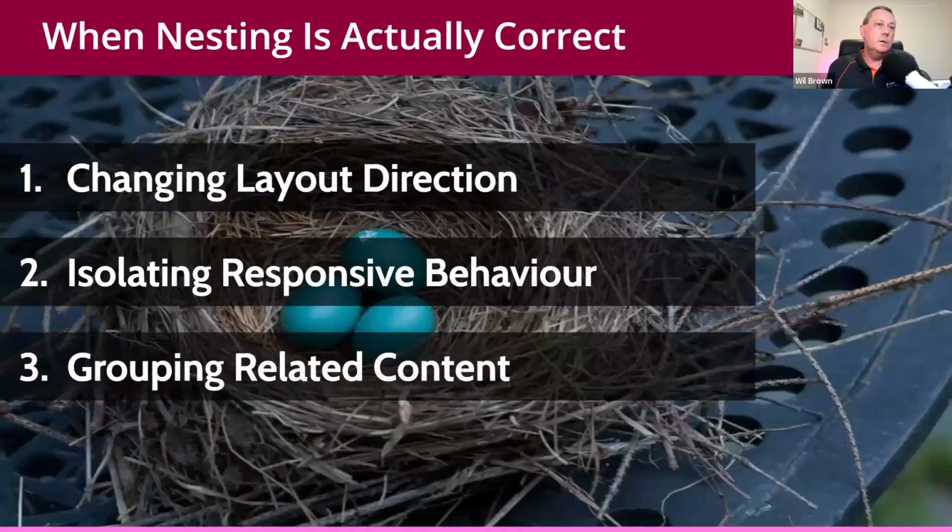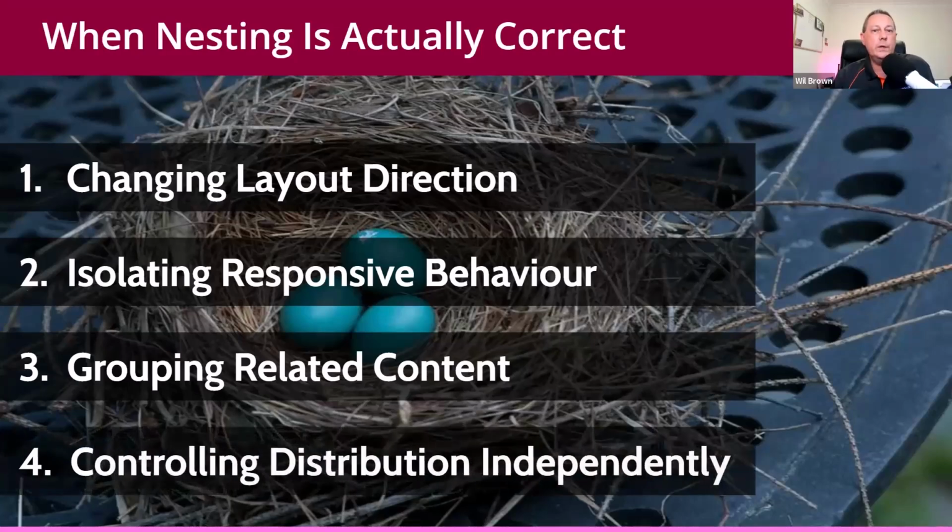A third correct way of nesting is grouping related content. What I'm thinking about here is things like card components, media with text blocks next to them, call to action clusters as well. That's usually when you've got a group of content that all works together visually. That's where nesting is really good, and that is correct behavior.